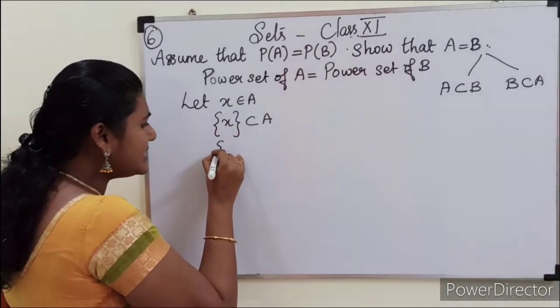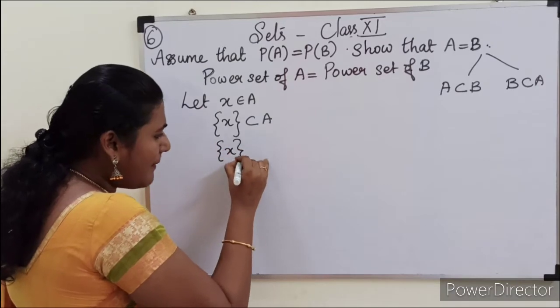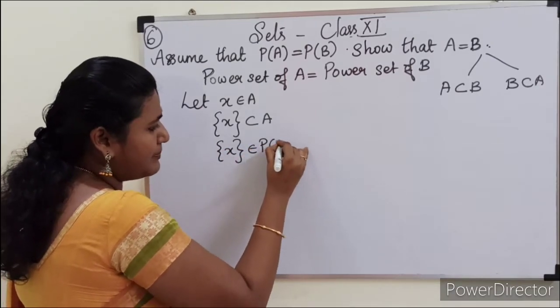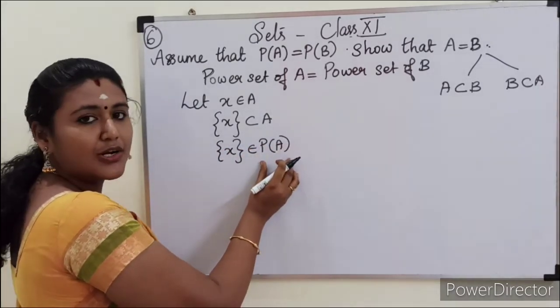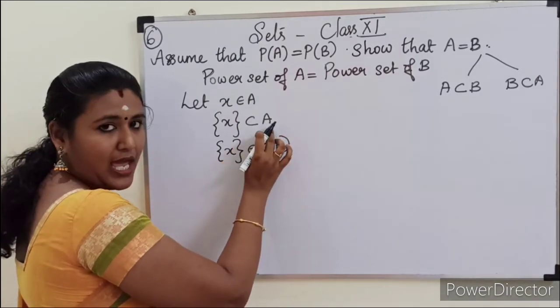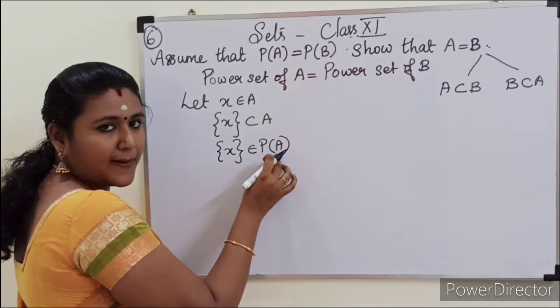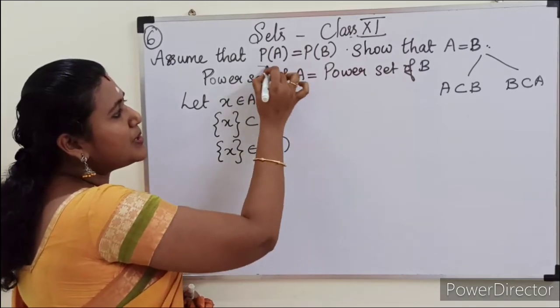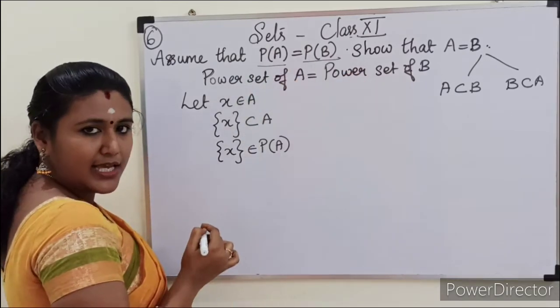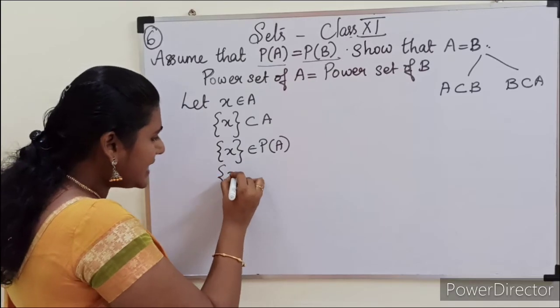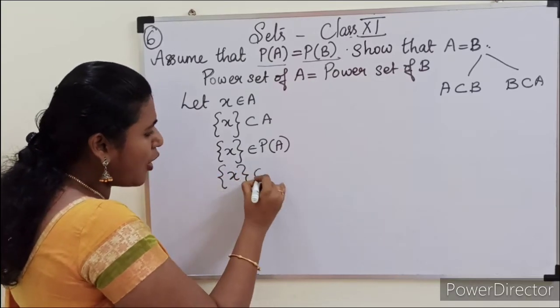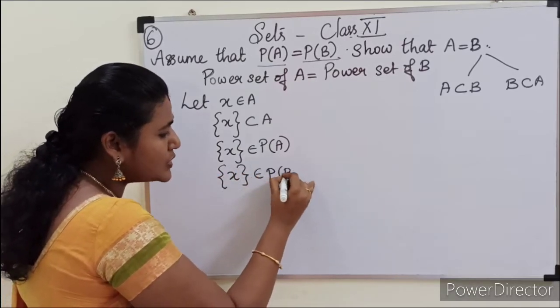That means this set is an element of P of A, because the power set is the collection of all the subsets of A. So this set will be an element of P of A. But it is given that P of A and P of B are equal. So we can say that the set {X} belongs to P of B also.